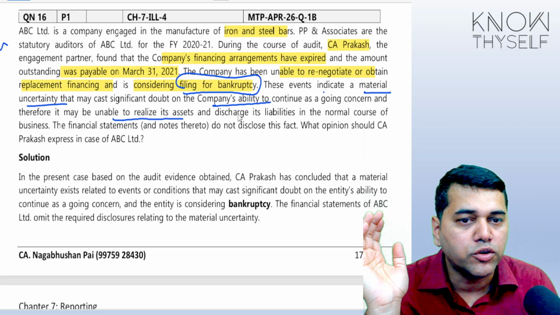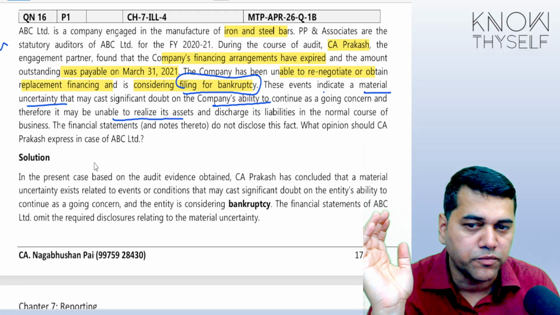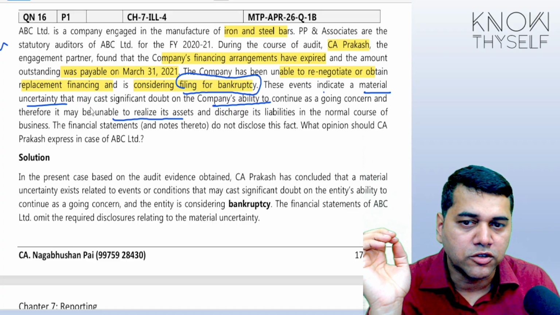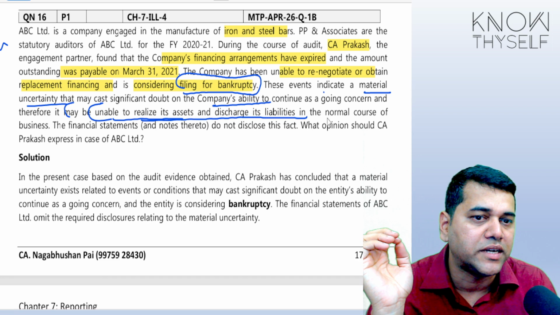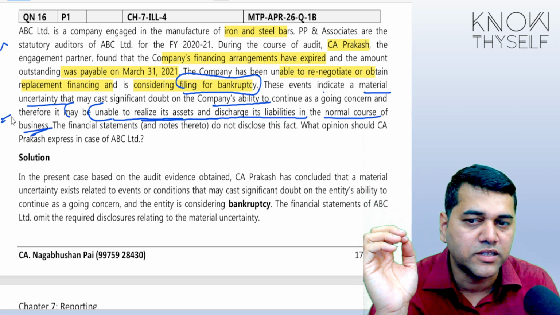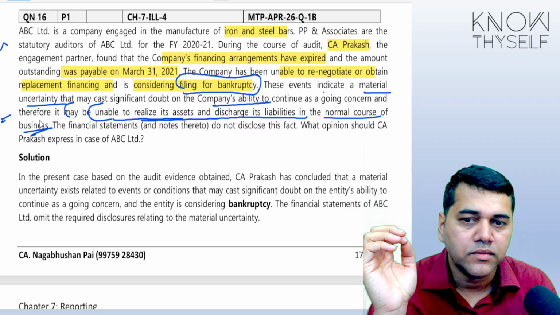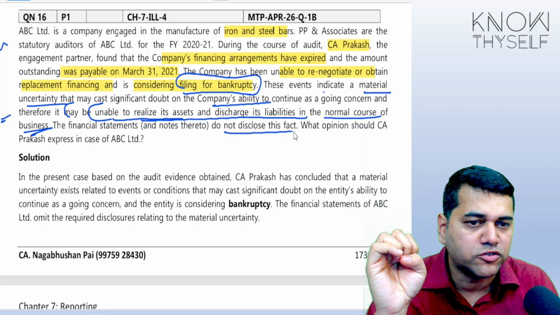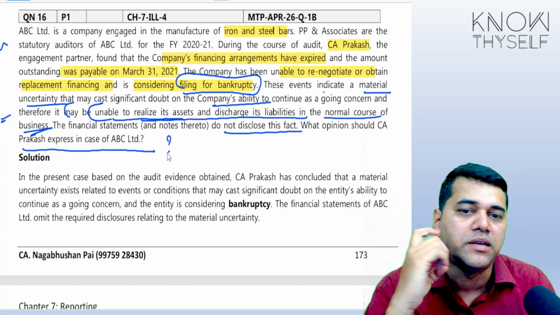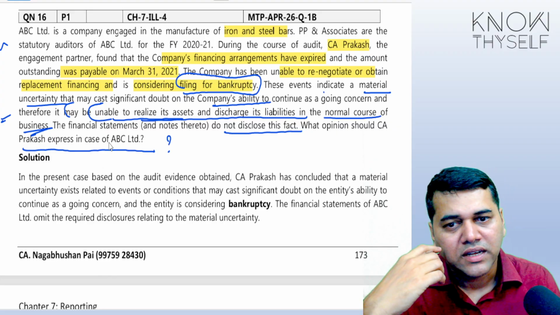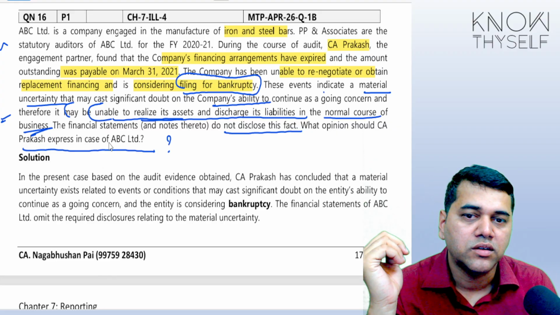Therefore, it may be unable to realize its assets and discharge its liabilities in the normal course of business. This is also another keyword, because this is the path to bankruptcy. The financial statements and notes do not disclose the fact. What opinion should Prakash express in case of ABC Limited? Now, can you answer it like the previous one? No. Why?